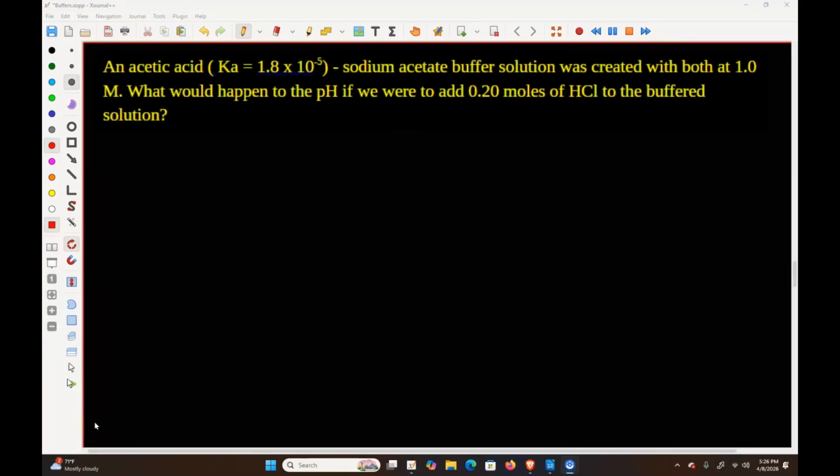So what happens to a buffer solution if I add a strong acid or a strong base to it? Okay, let's explore that. All right, so acetic acid.